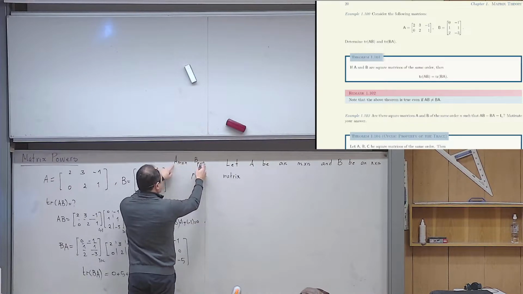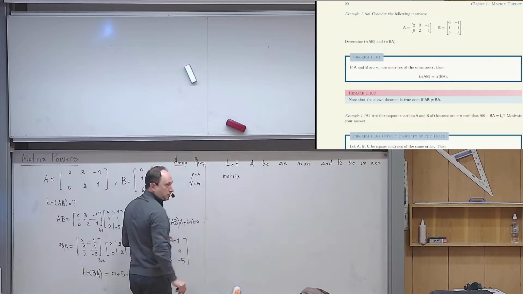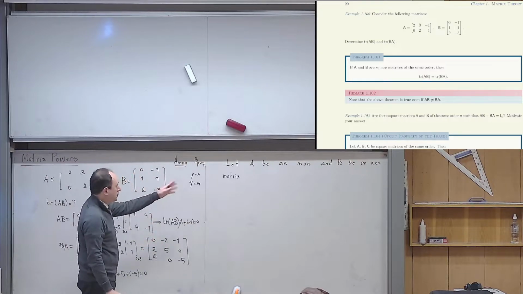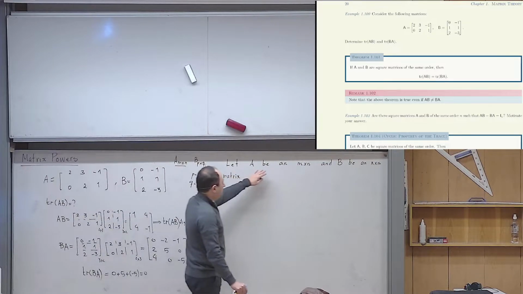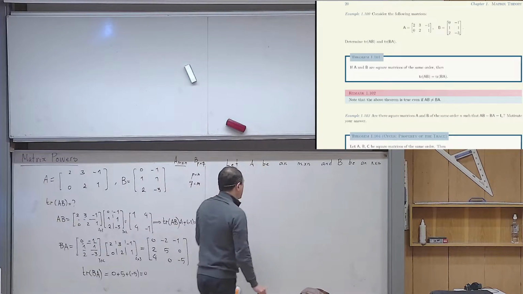If I am supposed to be able to multiply B from the left, Q and M should be the same. So if this matrix is M by N, that matrix should be N by M. Okay, so that's why I'm writing it. So let A be an M by N and B be an N by M matrix.